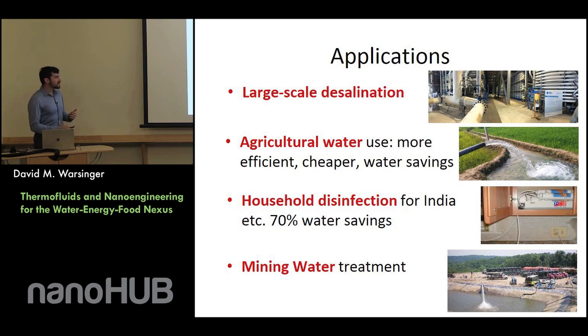We can also look at household disinfection for these systems. So a major problem in places like India is the water is not safe to drink. What's essentially happening there is not only are the treatment practices imperfect, but their infrastructure is fairly leaky. So in the U.S., we are maybe losing 15 to 35% of our water in leaky pipes, which is lousy but tolerable.